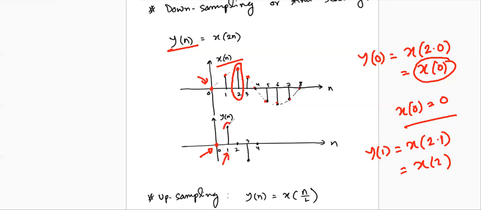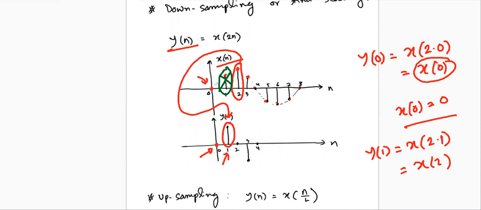So this value is equal to that value. Now you can understand that. What about this one? You are missing that value. You are not taking this value anymore, so you are missing some data.